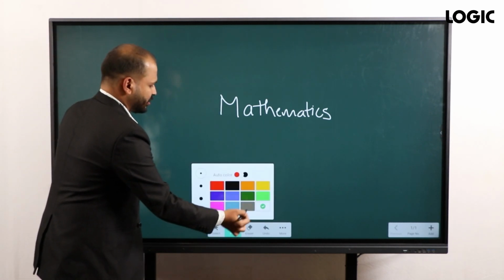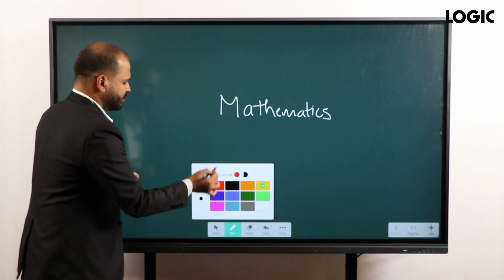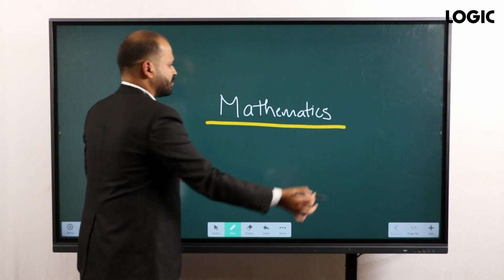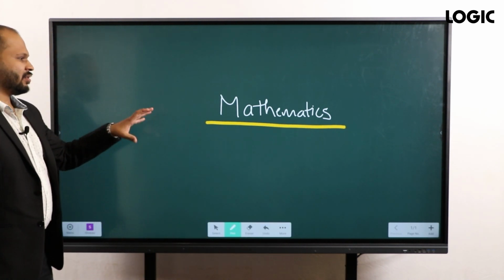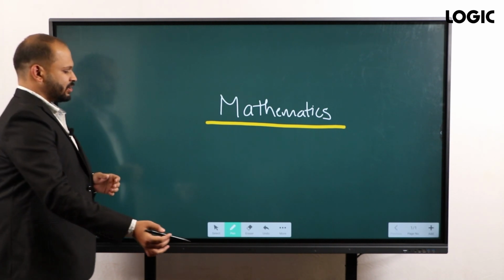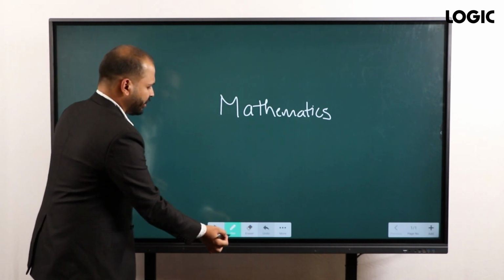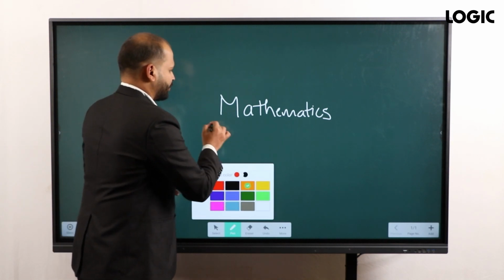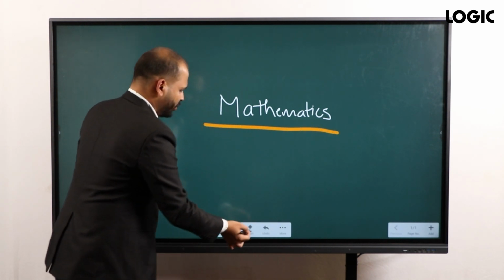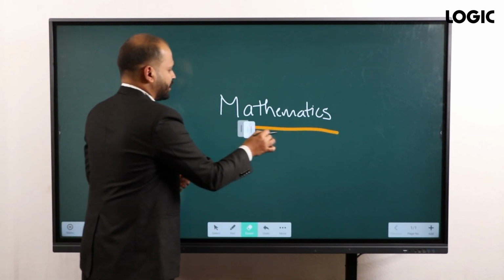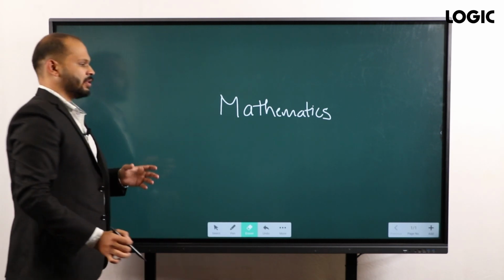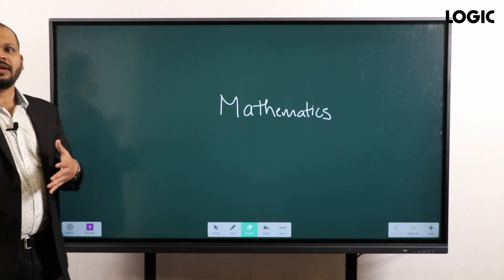What we can do is choose a different color of a different thickness and underline this. Now if you feel this color is odd, we can just undo this and change the color to something else. Or if you want to delete this, we can erase it as well. This is related to the pen and the erase tool.